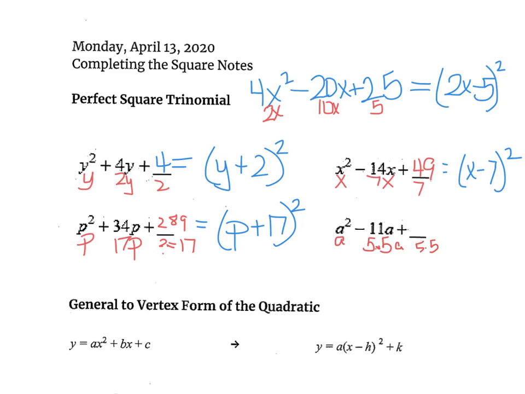And 5.5 squared gives us 30.25 on the end.